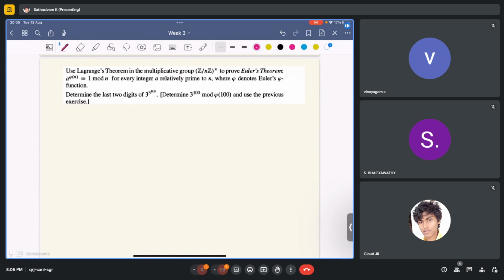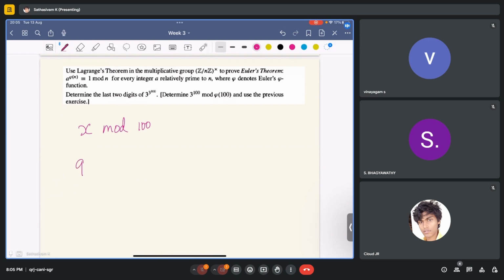Let's say you have a number x. The last two digits of x is basically x mod 100. So divide by 100, and whatever remainder you get is the last two digits.